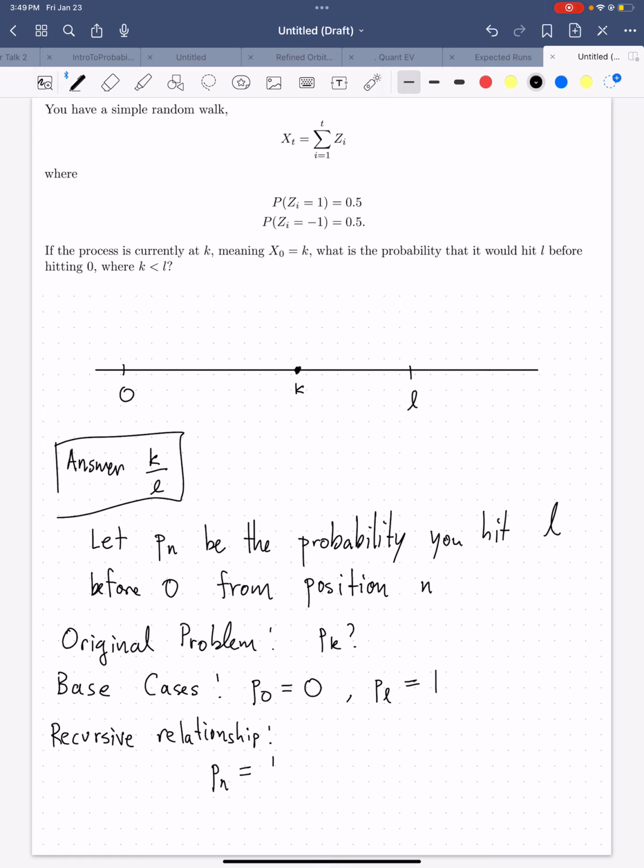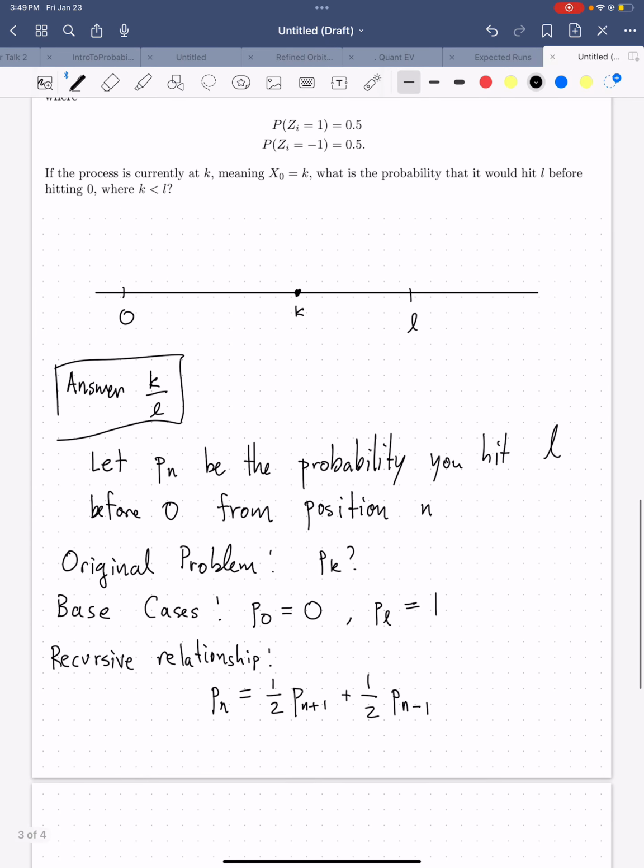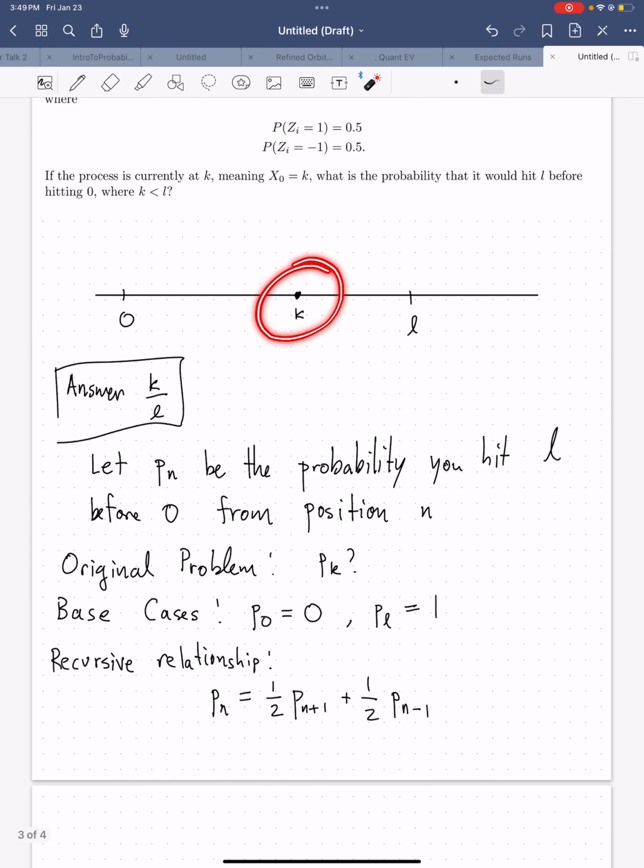With 1/2 probability, you move to the right, and so now the chance you hit L before 0 is Pn plus 1. And with 1/2 probability, you move to the left, and now the chance you hit it is Pn minus 1. Right, and that's pretty simple.